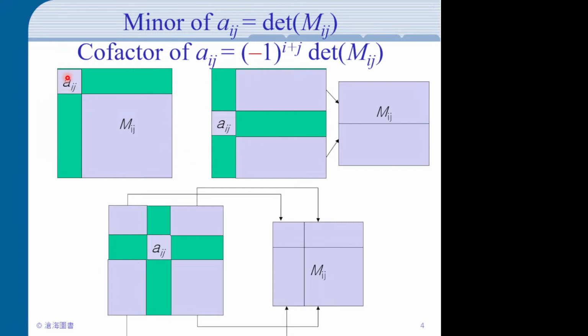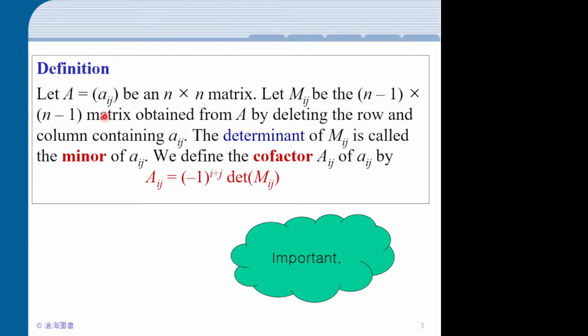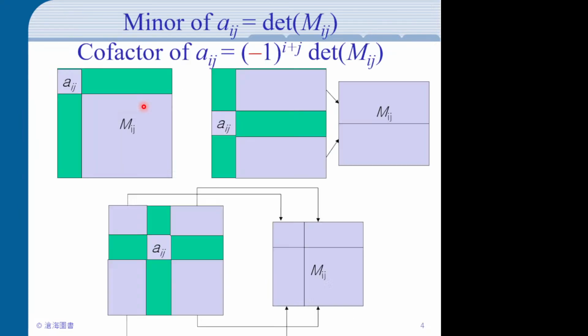For every ij, you can pick out a weird matrix Mij. This is a matrix corresponding to aij, and this Mij is an n minus 1 by n minus 1 matrix. Remember, A is n by n. Whatever aij, you pick aij, then you delete its row and its column, and whatever matrix is left over is Mij.